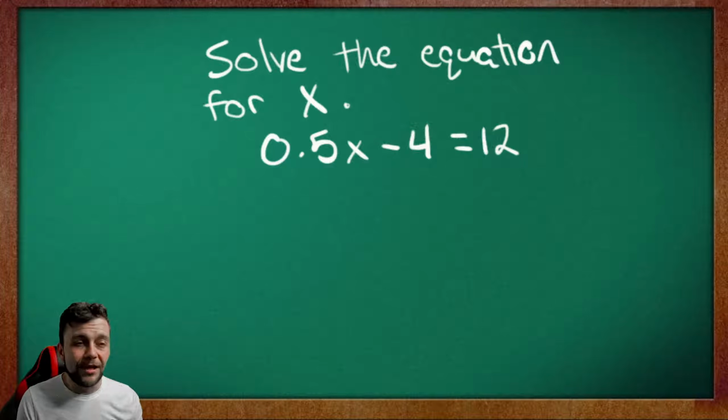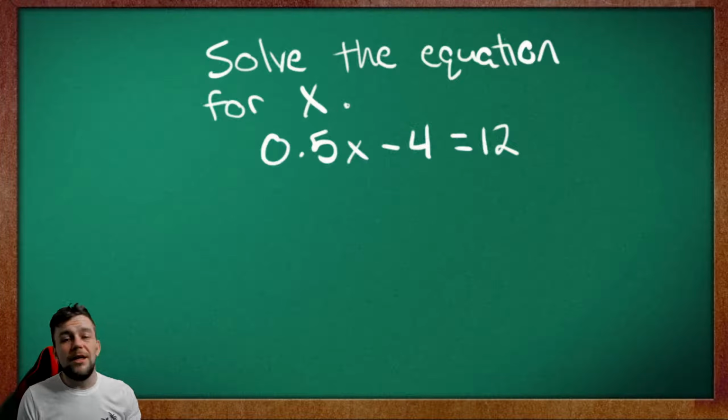Before, they were asking you to find the number that makes the statement true, right? In this question, all they're asking you is solve the equation for x. It basically means the same thing, right? When I ask you to find the number that makes the equation true, I'm asking you to solve the equation. So don't get hung up on the wording of the questions, but they will ask you different ways to solve an equation.